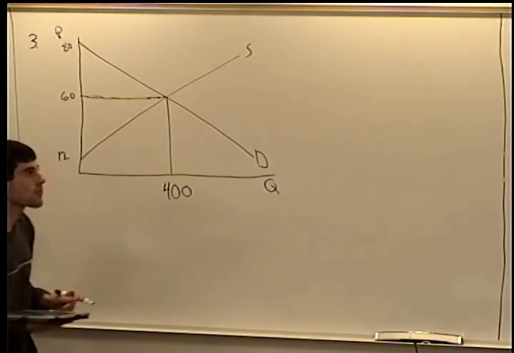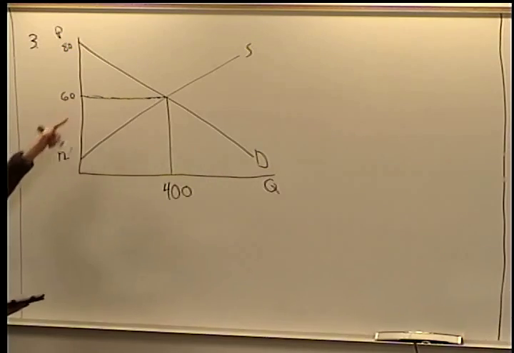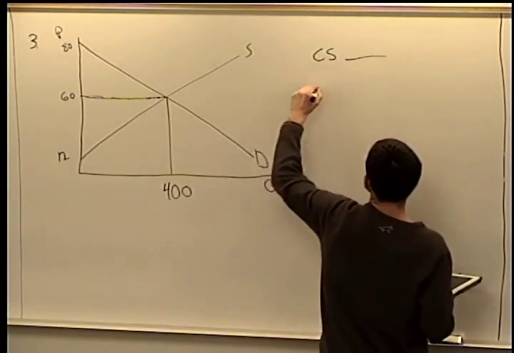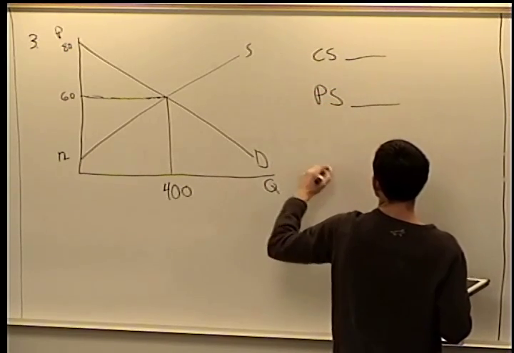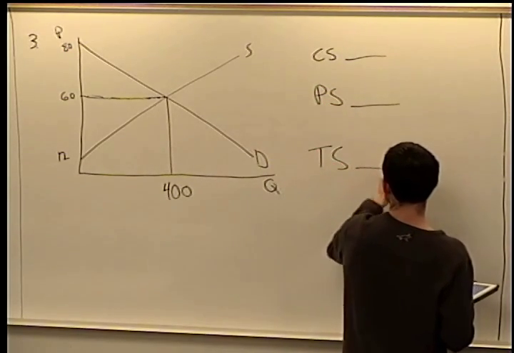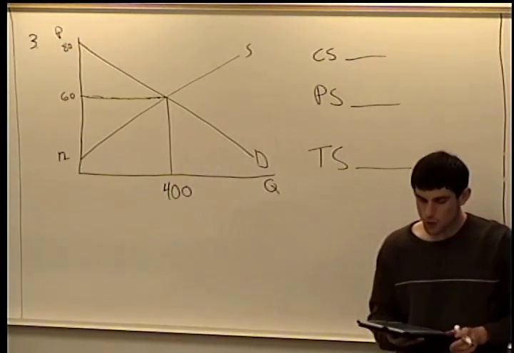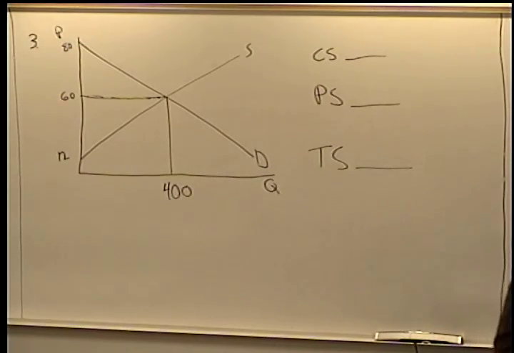Okay, so for this problem, I want you to find consumer surplus, producer surplus, and total surplus, given this market. So go ahead and pause it, and when you're finished, we'll go through the math.